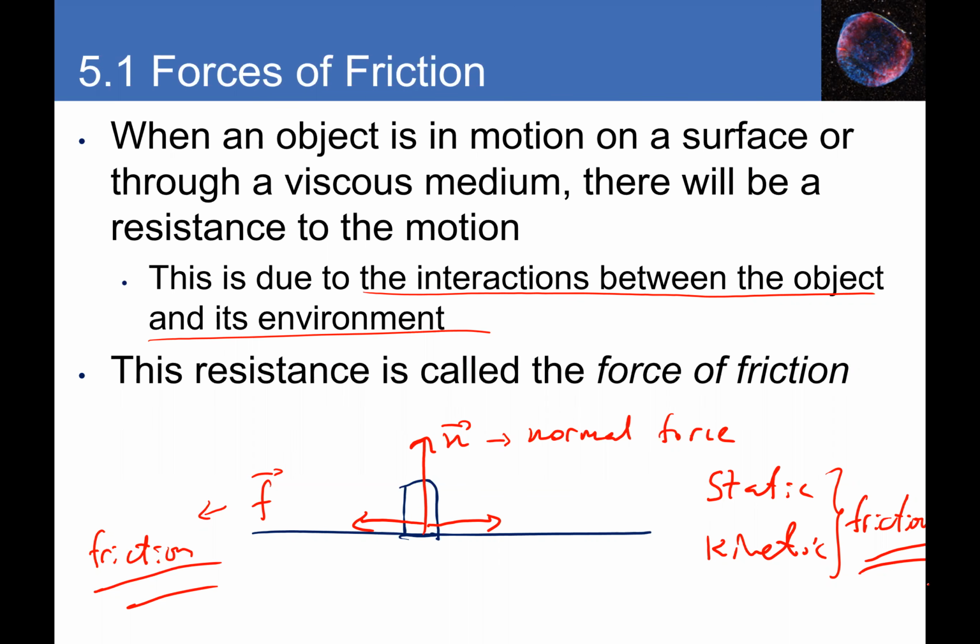Imagine the object is at rest, and some applied force is pushing to the right. Friction right away starts opposing by applying force to the left. And for a while, friction force can cancel out, can resist being pushed or pulled. While the object is being pushed or pulled but still remains at rest, we're dealing with static friction. Static friction is what prevents objects from moving when you apply a force.